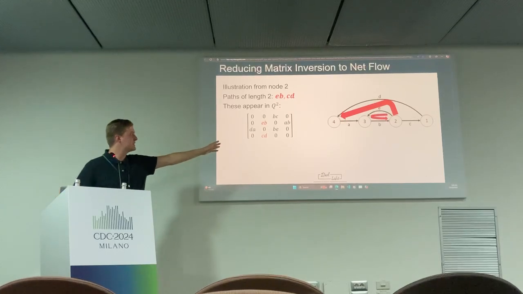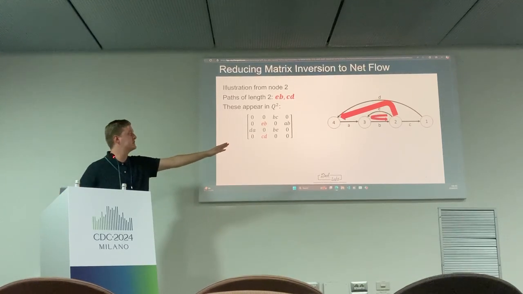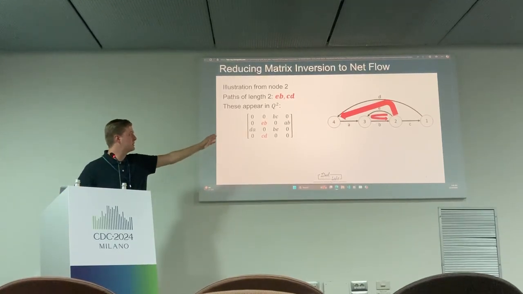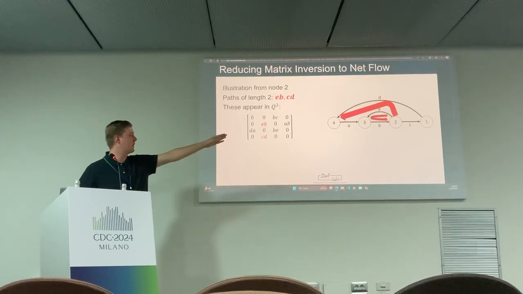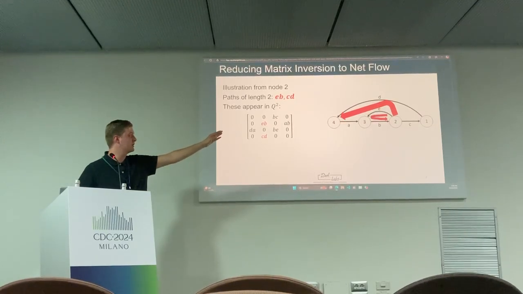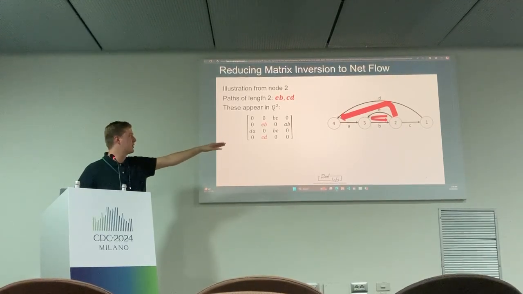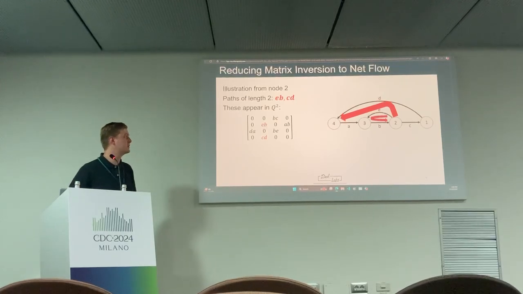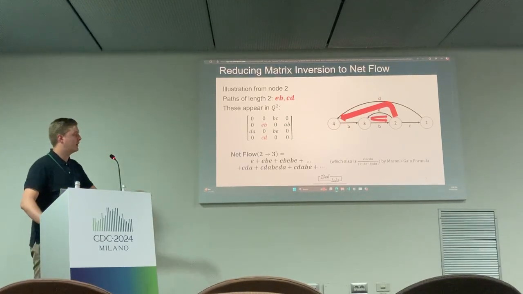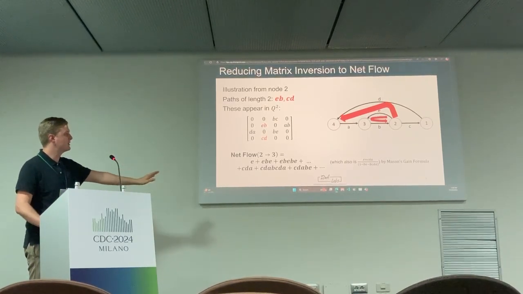We can see in this second column, the outgoing edges from 2 do include a path back to 2 along an edge with flow E, B, and then another path to 4 with flow C times D. The net flow is going to be the sum of all these contributions.